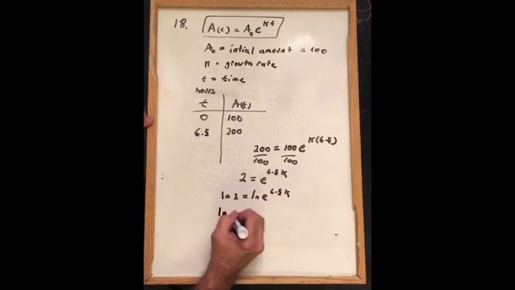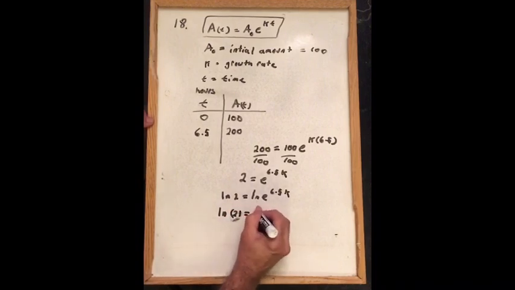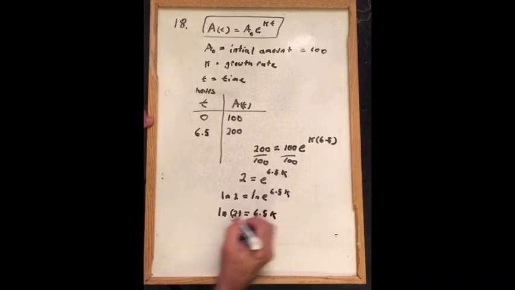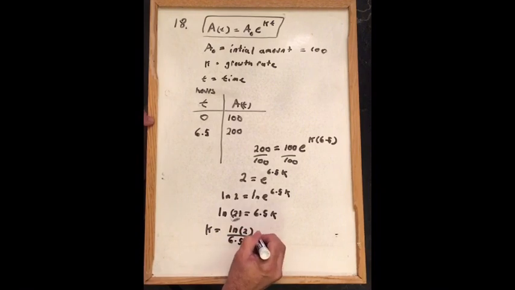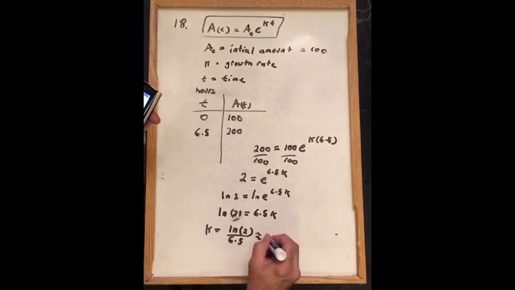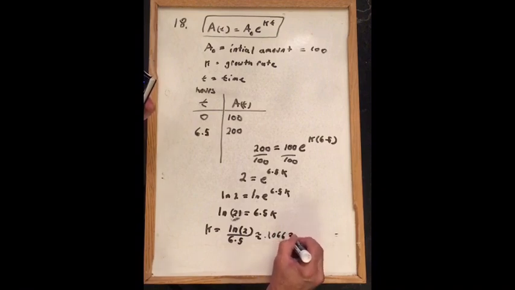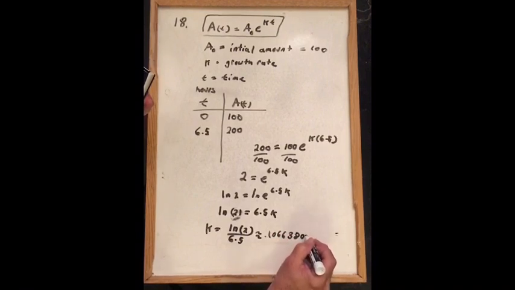That means that the ln of 2 is equal to 6.5k, or k is equal to the ln of 2 divided by 6.5, which is approximately, when I put this into my calculator here, I'll do the ln of 2, close the parentheses, important to close parentheses, divided by 6.5, and we get 0.1066380278.